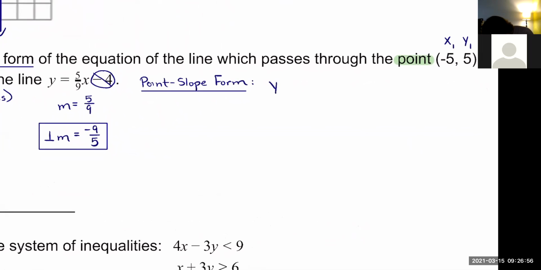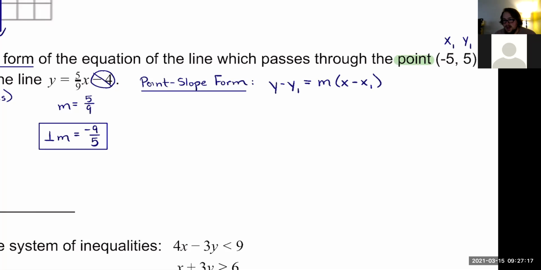Point slope form, in case you have forgotten, because it's been the weekend, is y minus y1 equals m times x minus x1. And if you notice, hopefully everything for the most part should be labeled accordingly to be able to drop them all into their appropriate spaces.